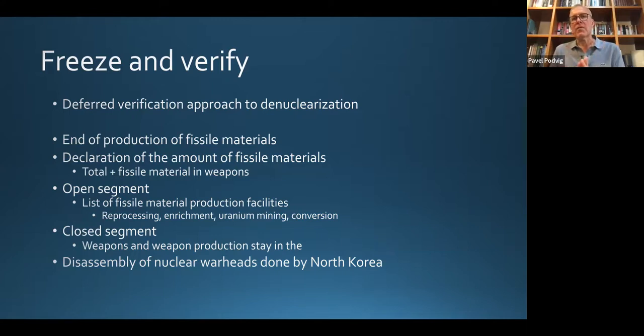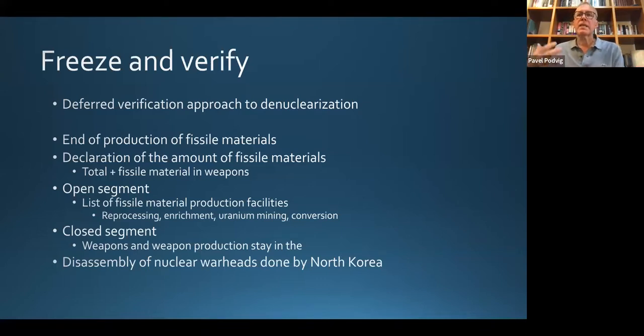And once you have that information, you start going through the verification process. All the facilities that are there are becoming open segments, so Yongbyon and others.